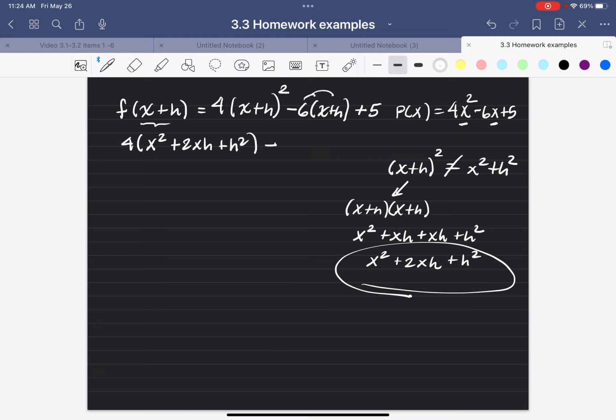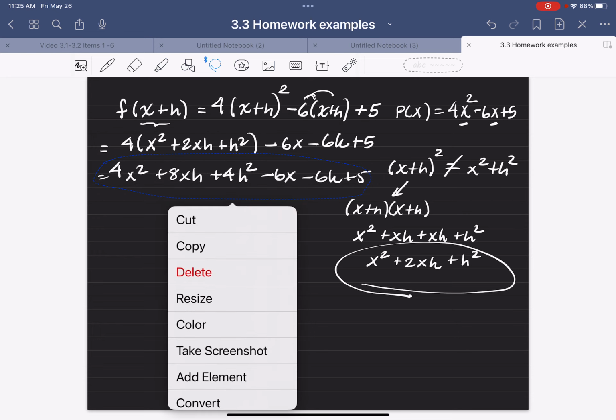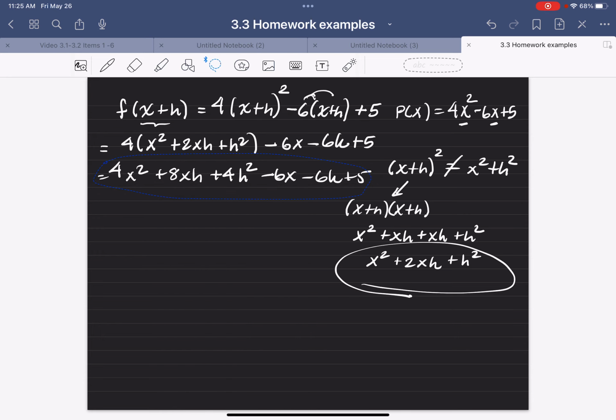Minus, I'm going to just go ahead and distribute the 6: minus 6x minus 6h, watch that sign, plus 5. That is 4x squared plus 8xh plus 4h squared minus 6x minus 6h plus 5. So it's this entire expression for our x plus h, f of x plus h.